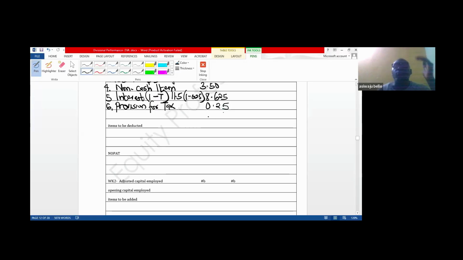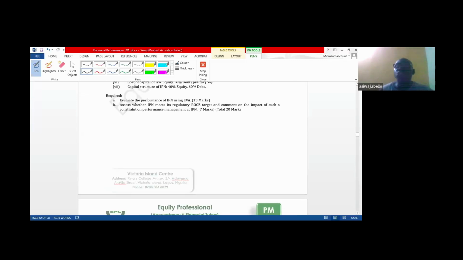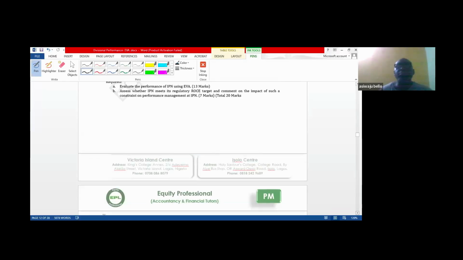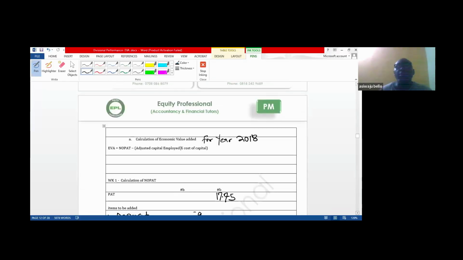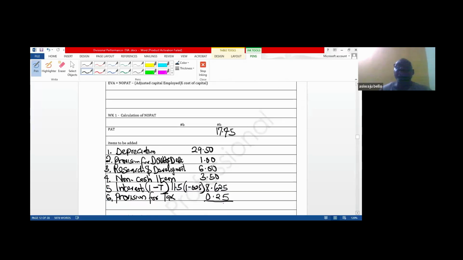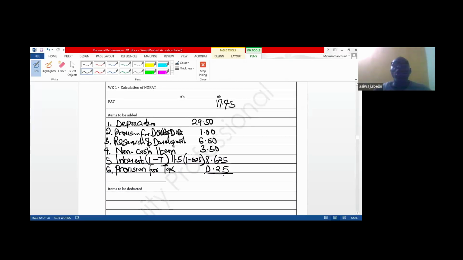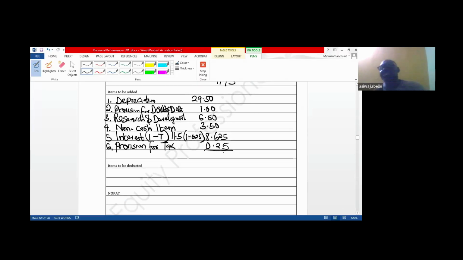These items should be calculated and added back to your accounting profit after tax. Please add. Somebody should sum for us. 29.5 plus 1 plus 6. Please, somebody add.